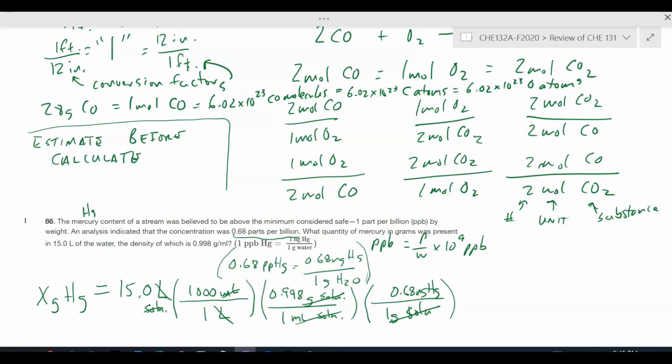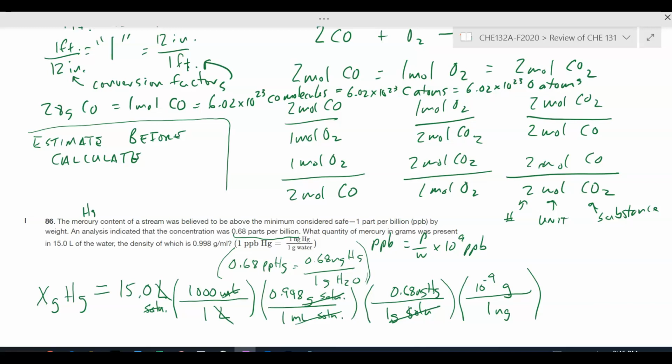and so now our 15,000, a little less than 15,000, I just multiplied by 0.68, so that's about 2/3 of that, so it's going to be around 10,000. And then I've got to deal with nanograms. All right, so 1 nanogram is 10 to the negative 9 grams. So 10,000 is 10 to the 4th, I believe, right?